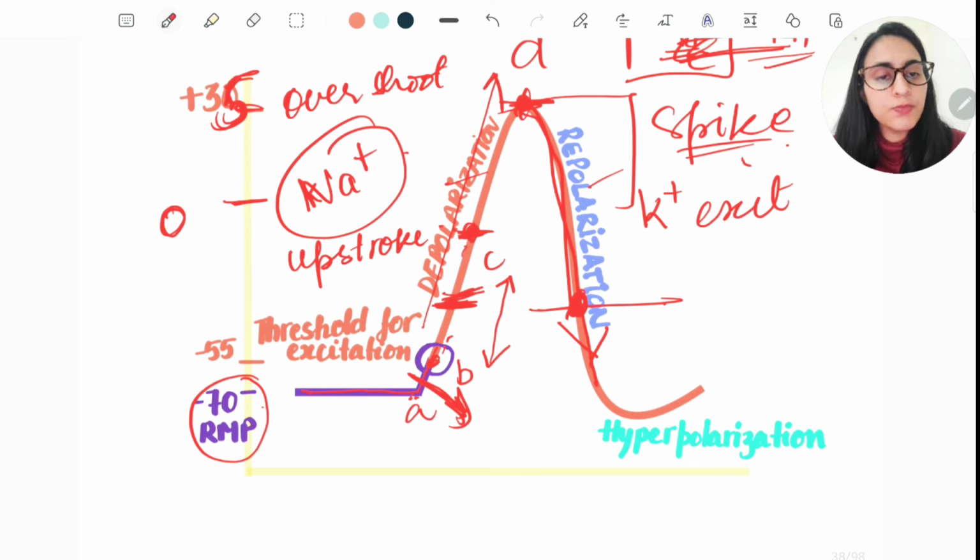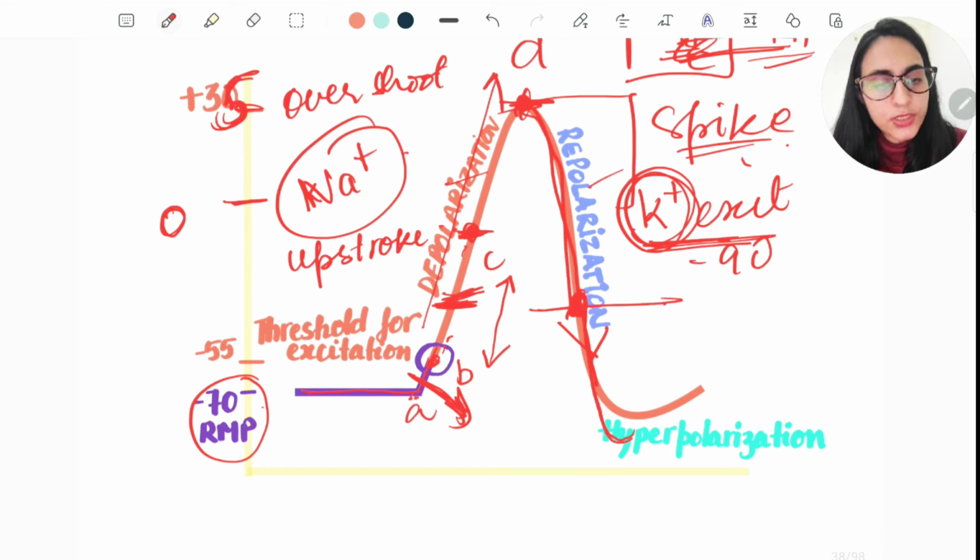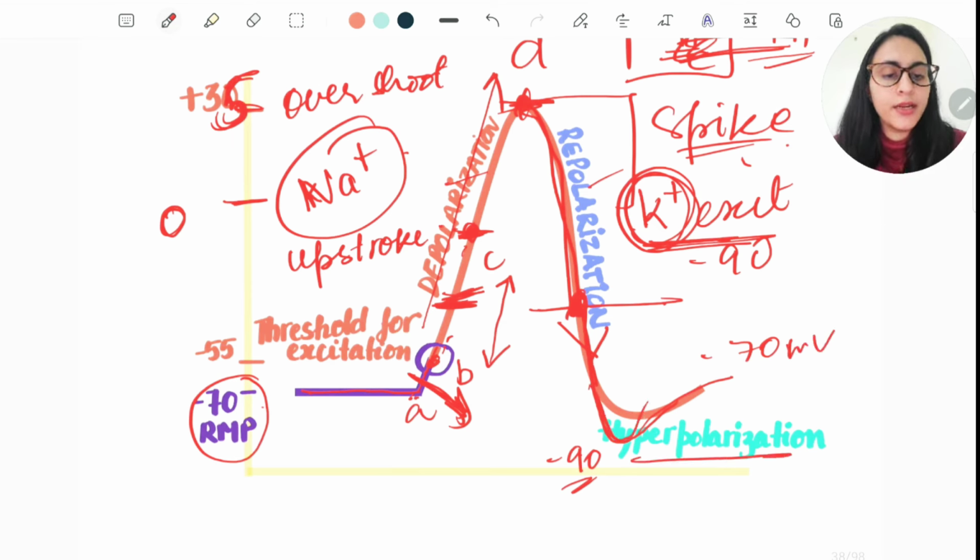Since the gates are closed but still a lot of potassium exits, there is a fall which is equivalent to the equilibrium potential of potassium. Potassium equilibrium potential is minus 90. Potassium tries to be in equilibrium, that is why this graph falls up to minus 90. Then the RMP comes back to minus 70 millivolt, and this fall up to minus 90 is known as hyperpolarization. So this was about the action potential.